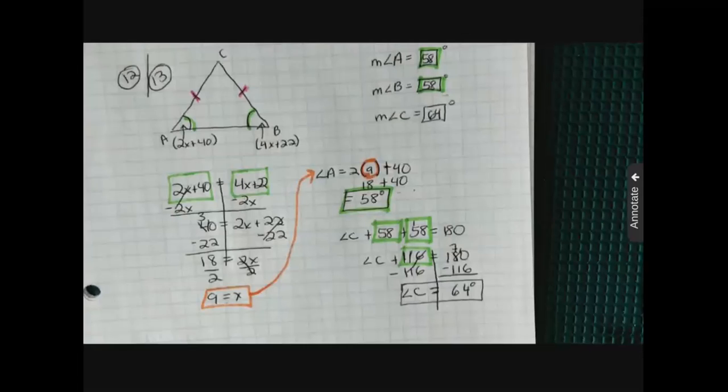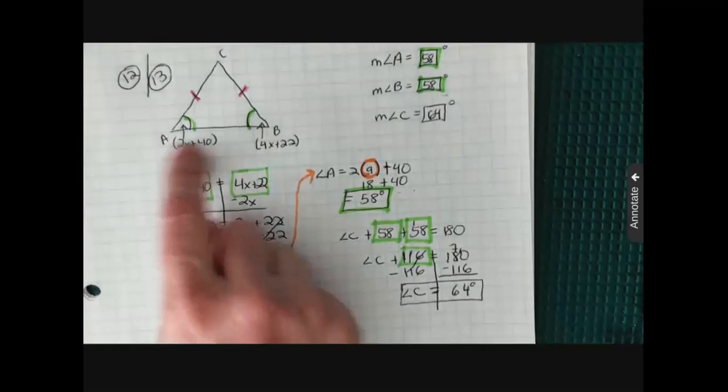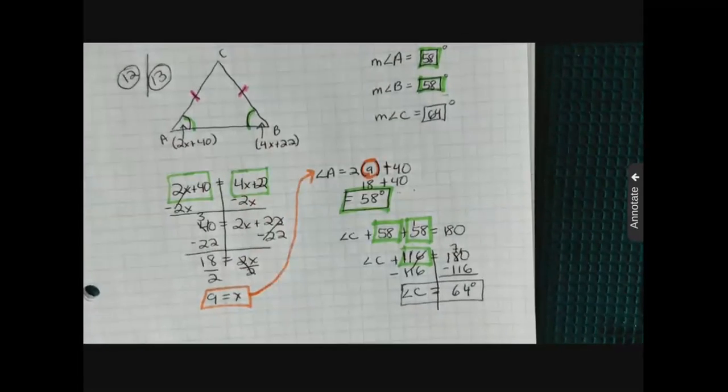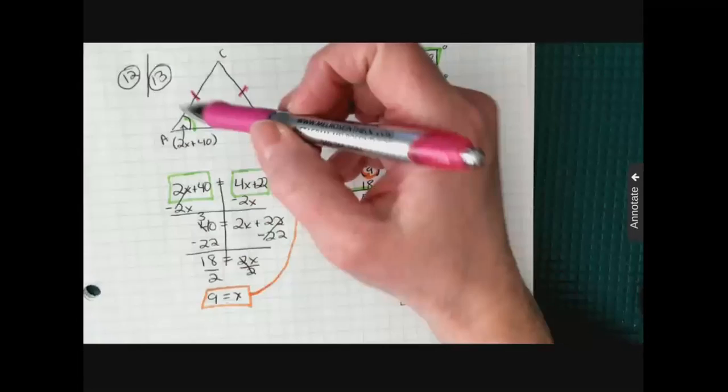For the next question, it's kind of like this one, but it starts with, for example, the C and A. It's using C and A. Can I still do the same math? The given information will be angle C and angle A. So they're giving you this one and this one.